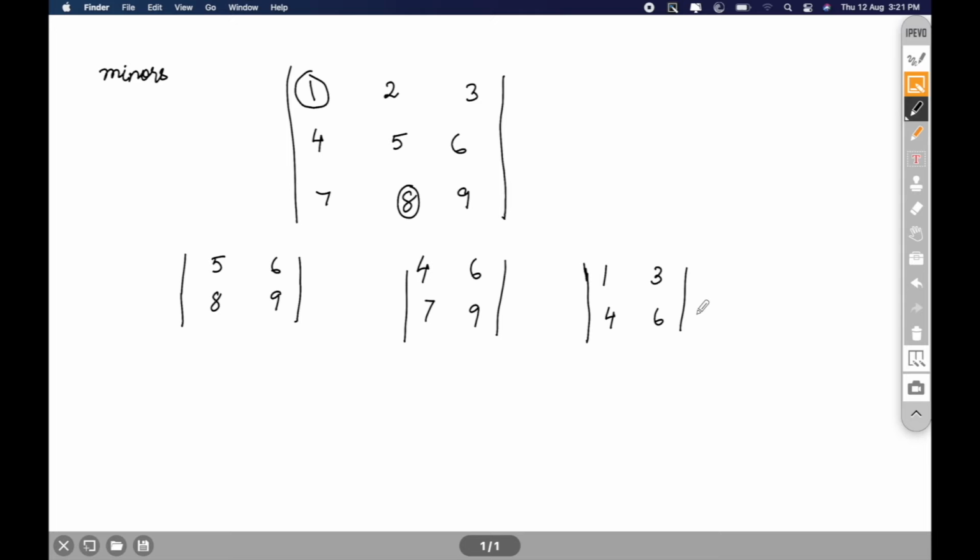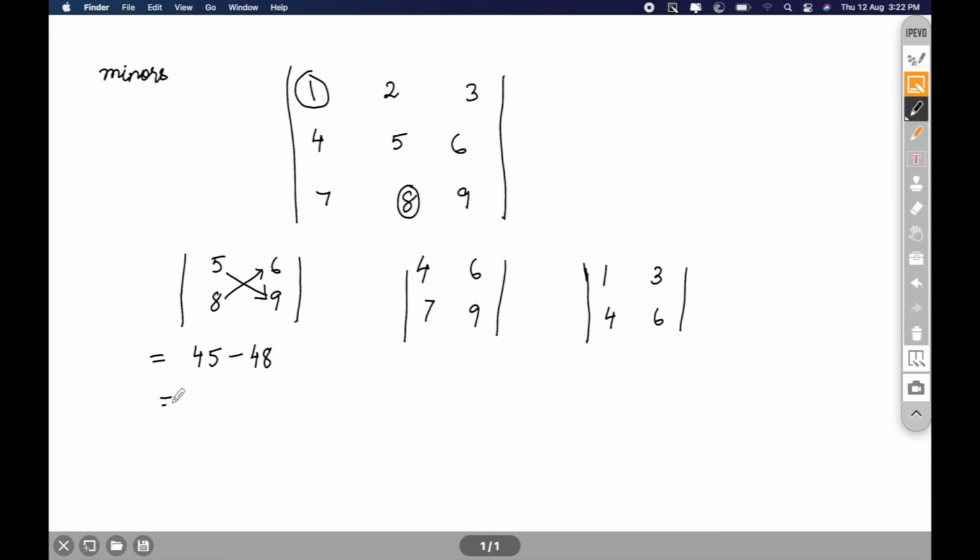So now the value of these second order determinants can be obtained by simply cross multiplying the elements and then subtracting them. So for this one, it is 5 into 9, 45, minus 8 into 6 is 48.